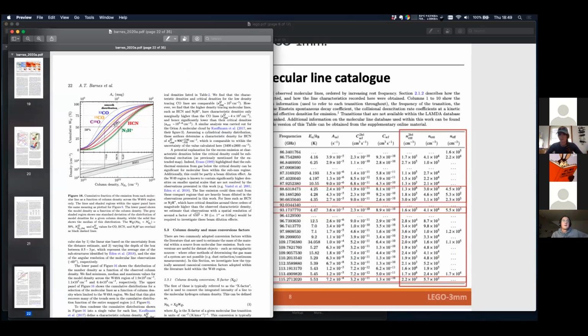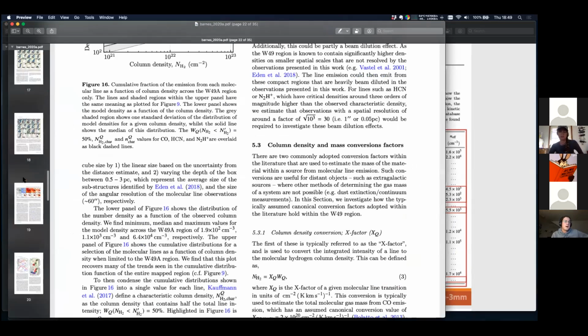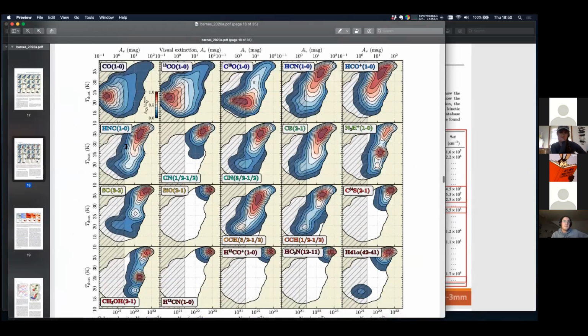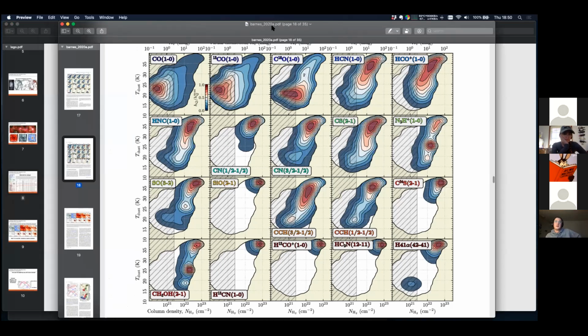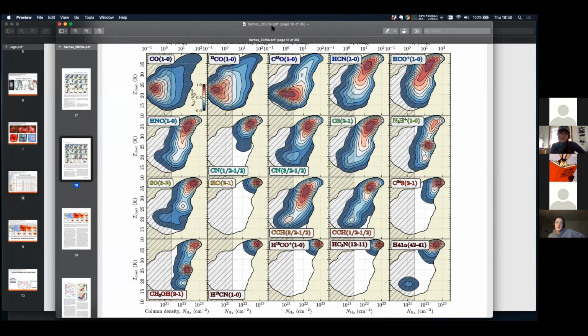I didn't put it in the slide, sorry, but if you go to the paper, these are all presented in a somewhat more complex figure, where we did the analysis, presenting these for all the sources, for all the lines across the source. So here you can see how they vary.